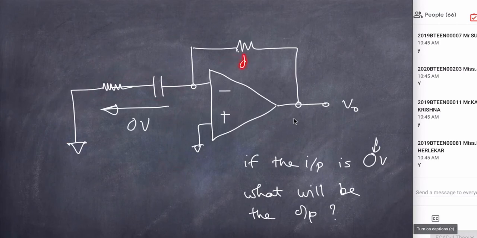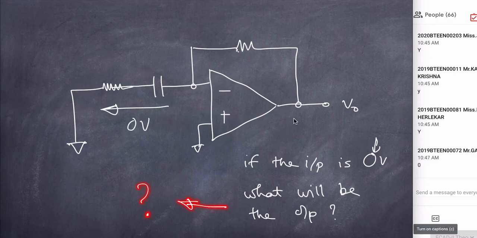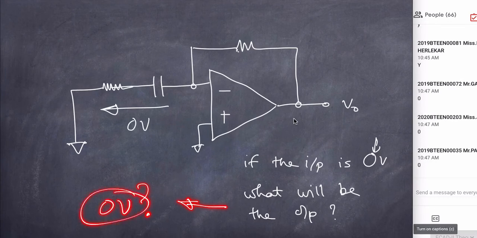Then the drop will be 0. Left hand side is at 0. Drop is 0, means output is 0. So if the input is 0, what will be the output? Zero. Okay, no saturation.